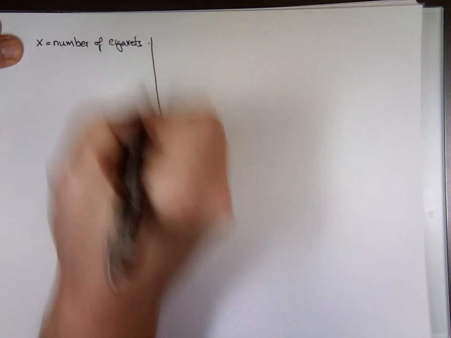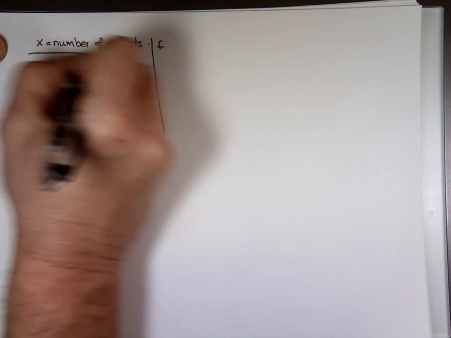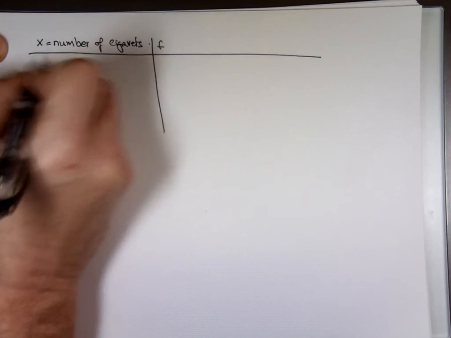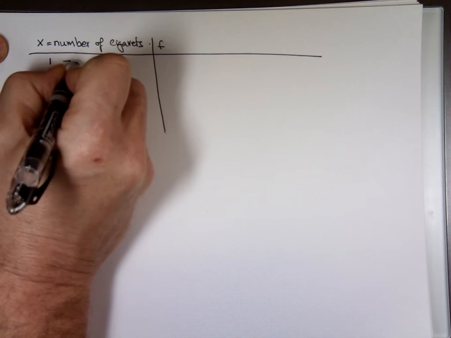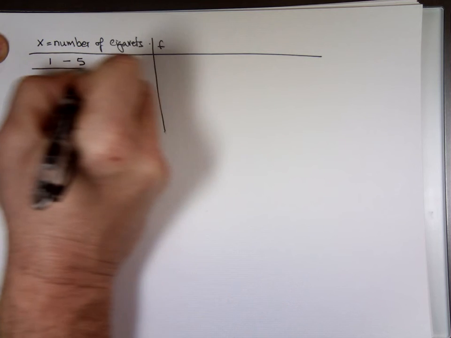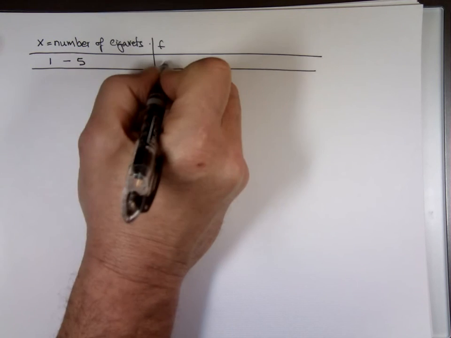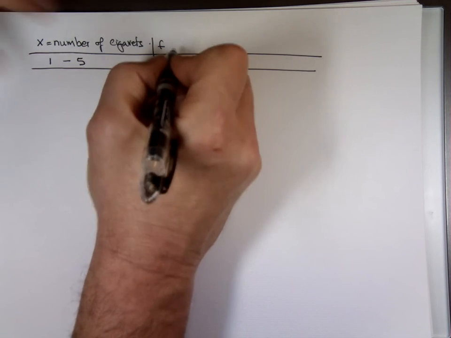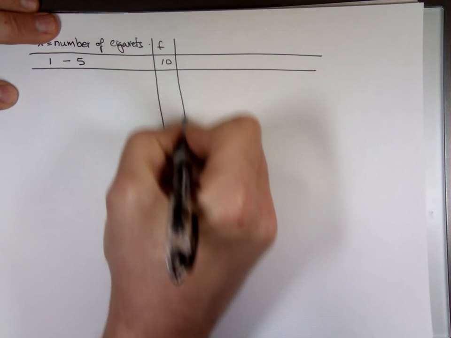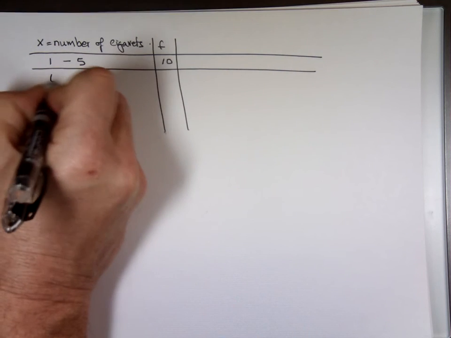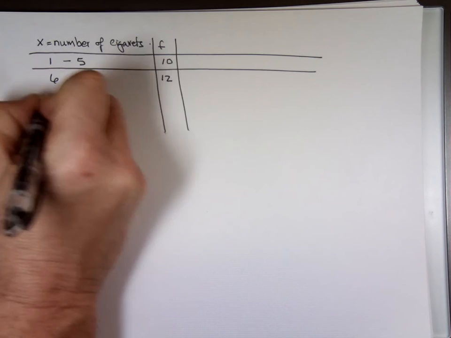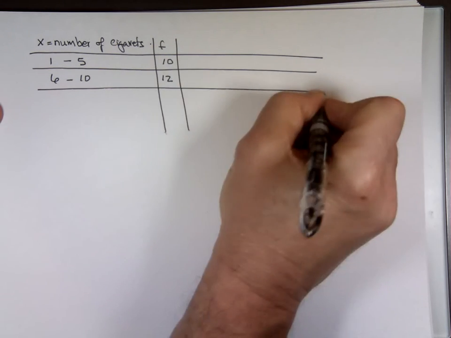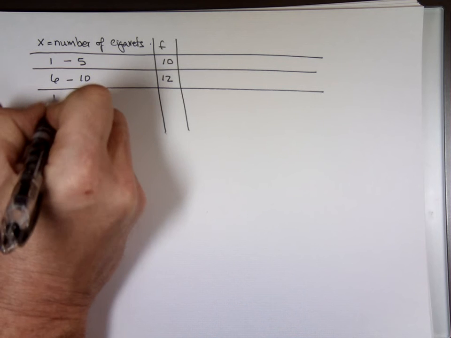They're all smokers. So we said from 1, when we did it early, to what? 1 to 5. We have 10 people who said, I smoke between 1 and 5 cigarettes a day. 6 to 10, we have 12 people. 11 to 15, we got 18 people.